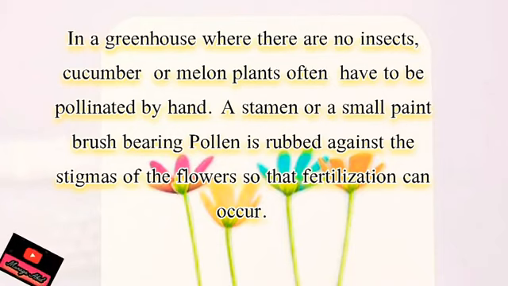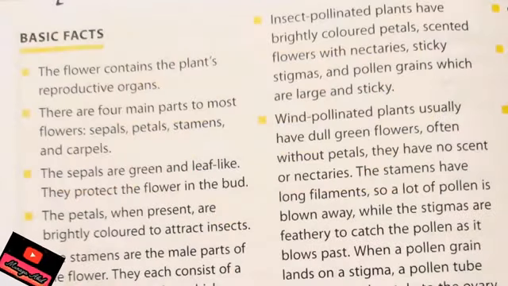So the farmers also use this technique in pollination and fertilization of their crops. They rub these stamens and they use the paintbrush bearing pollen that is helping it. Okay, you have to learn all these questions, question number 3 and 4, and you also have to learn these basic facts. I am putting here the pictures.